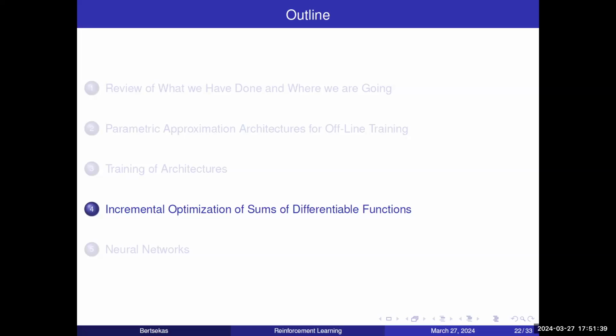All right, let's start with the next topic, which is incremental optimization of a sum of differentiable functions.